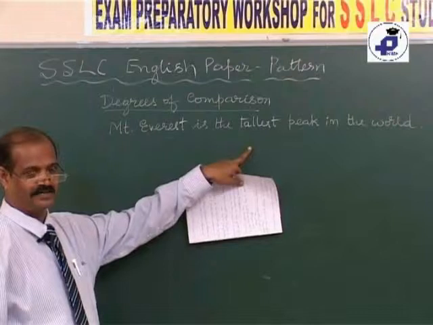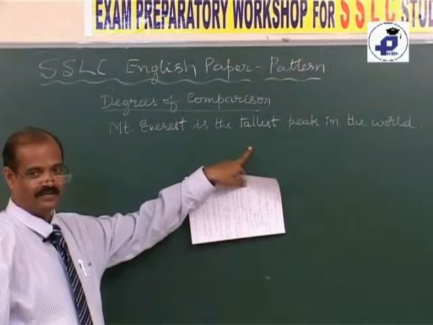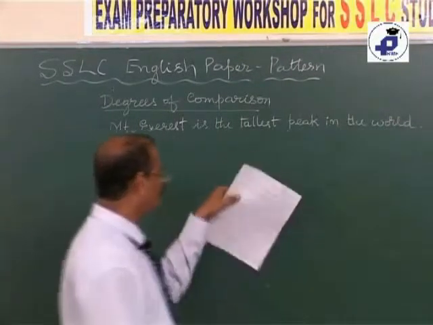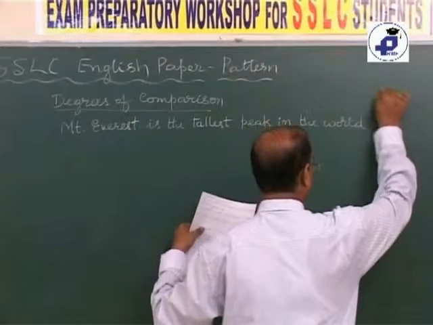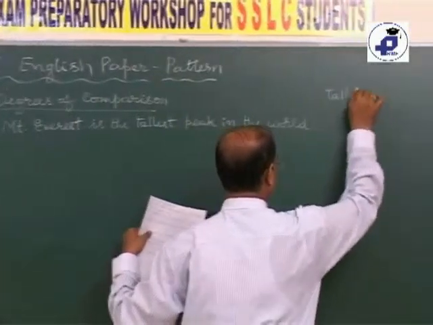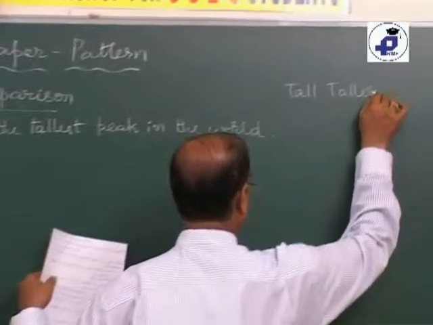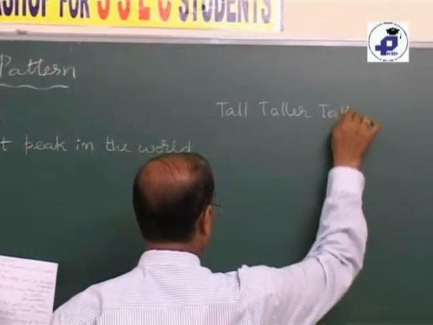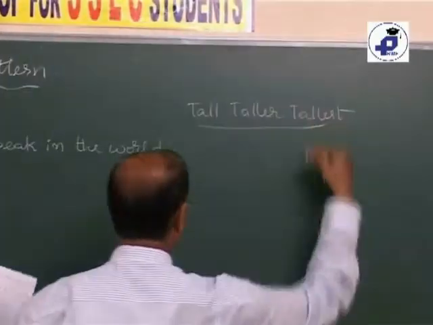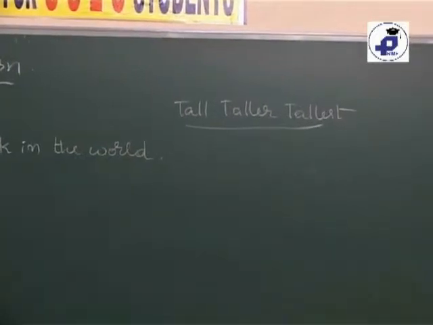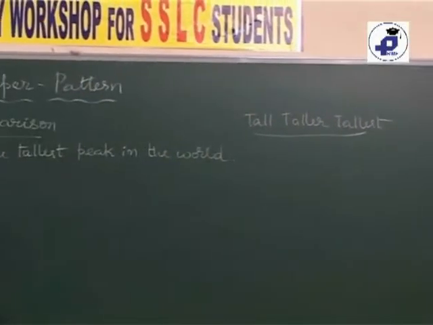For degrees of comparison, you should know the degrees. For example, tall, taller, tallest. Now this format you should be familiar with, all the three. Tall, taller, tallest. So when you know that, it becomes very easy.